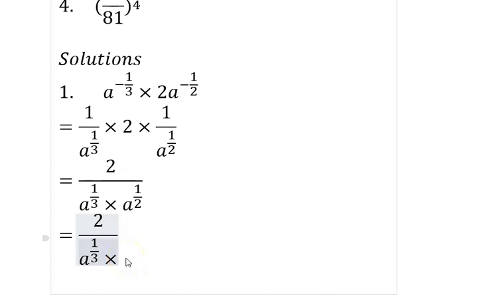Take the same base and add the powers. Since they have the same base, a, we've taken a. Let's add the powers, 1 over 3 plus 1 over 2. Just add the powers. That's what we've done.